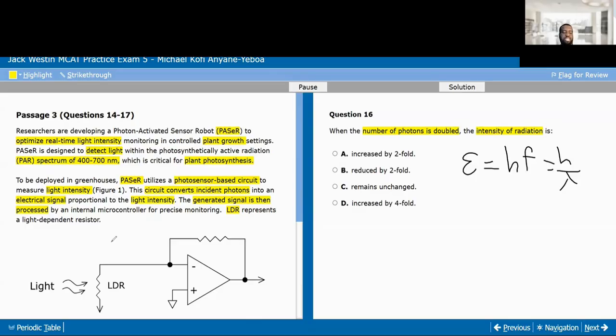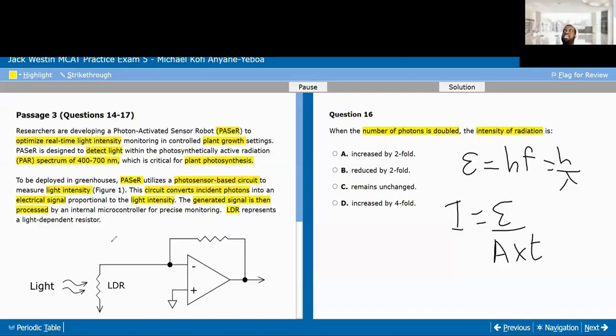Another formula to remember, if I'm remembering this, intensity is going to be our energy divided by area multiplied by time, right? Now, I think the key to answering this question is, when the number of photons is doubled, what happens to the intensity of radiation?